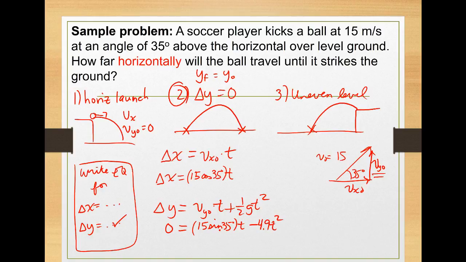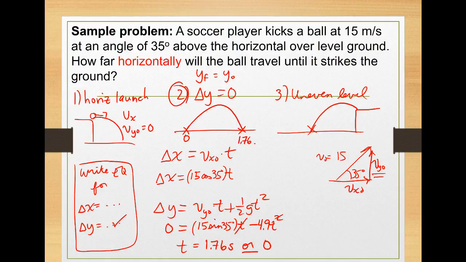So I'm using the fact that g is negative 9.8. Now you might notice that this t and that t are going to cancel out, which allows me to avoid a quadratic and get a time of 1.76 seconds, or, and this is important, I kind of crossed it out, but the time could also be 0. And that corresponds to right here, 0 and then 1.76.